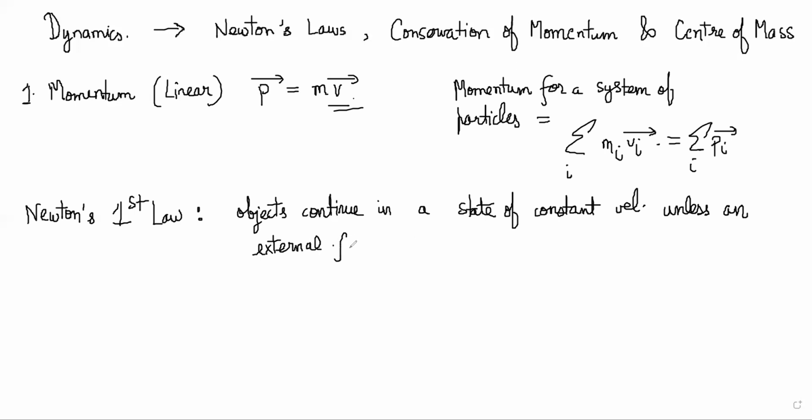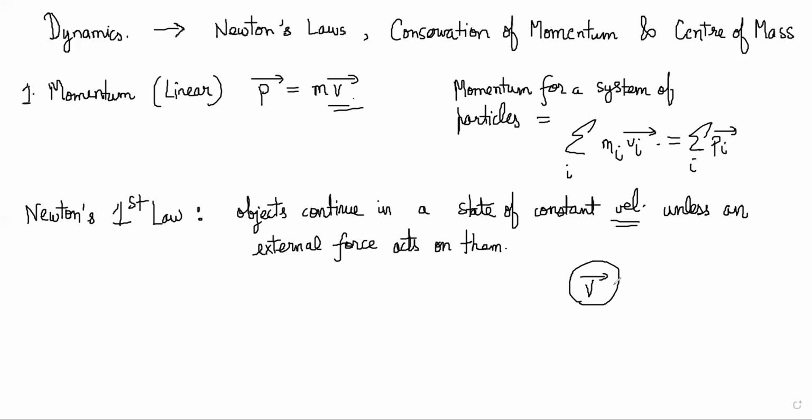Okay, so what does this really mean? This means that basically you cannot change the velocity of an object without any force externally acting on it. Velocity is a magnitude plus a direction. It's a vector.